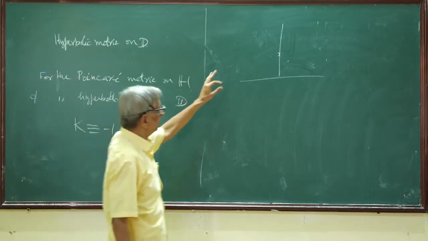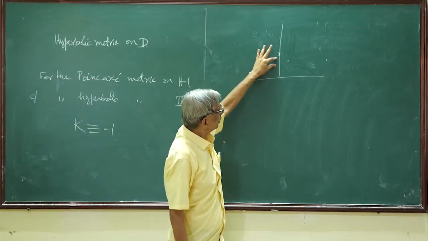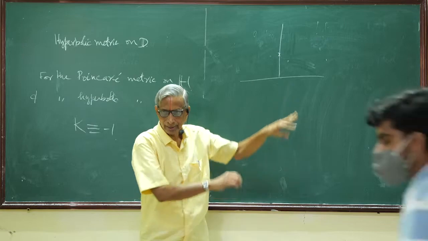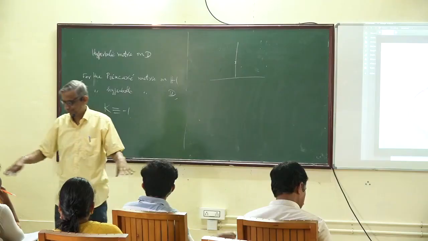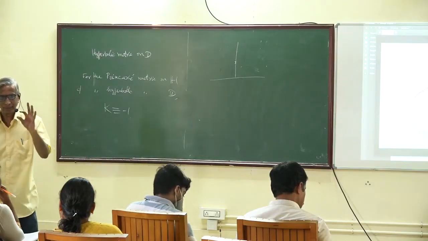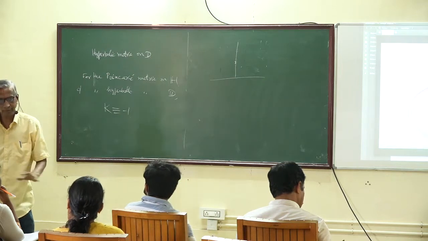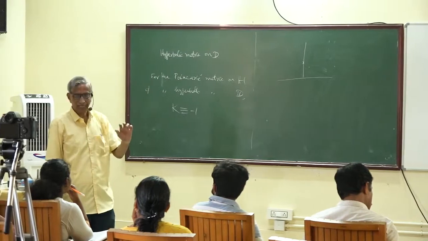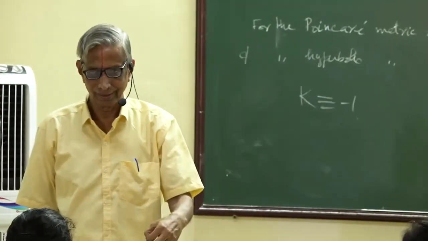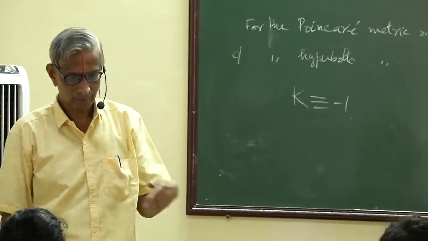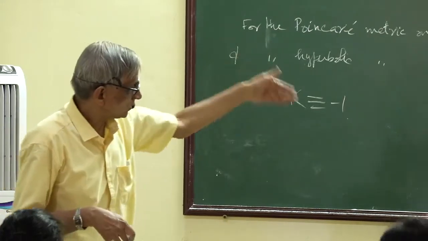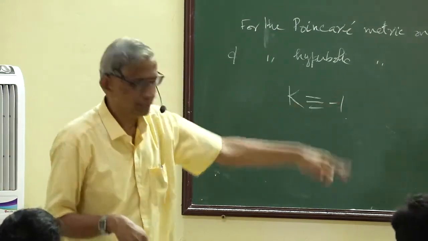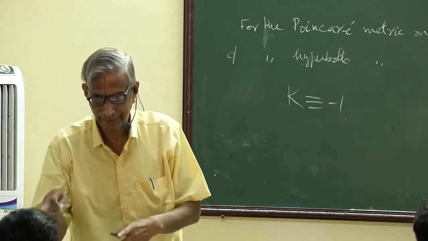If you come closer to the real axis, the length of that segment will increase. If you go away from the real axis, the length will decrease. Okay, so actually, as you tend to the real axis, these lengths will tend to infinity.